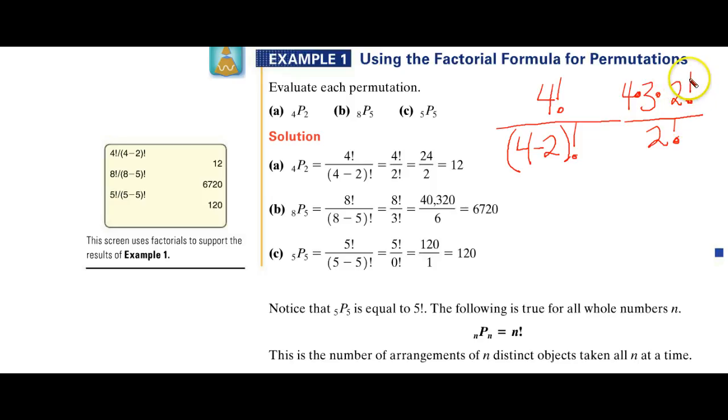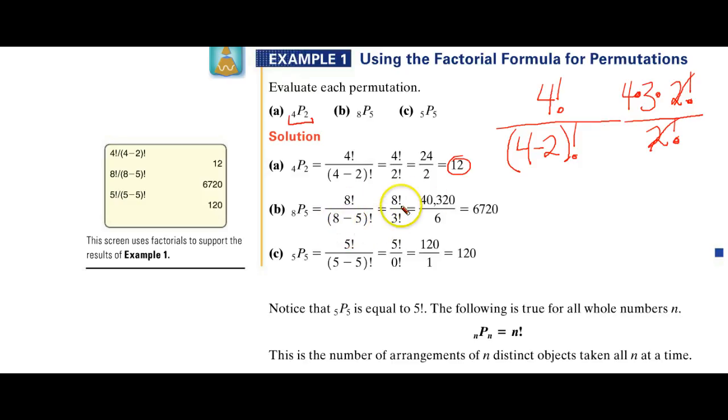So the 2 factorials cancel out here, and we're left with 12. So you get the pattern of how to convert what they give you when you put it in the formula for permutations. So the 8 factorial goes on top, and then 8 minus R in parentheses, factorial.